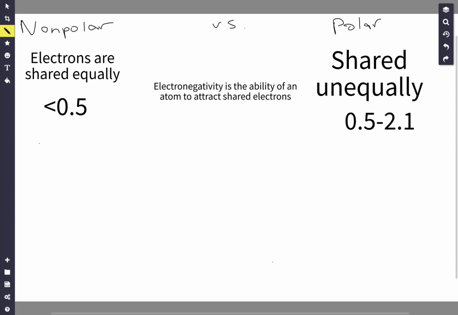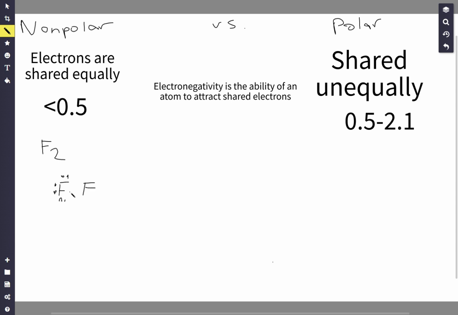First, I'll give an example of a nonpolar covalent bond, F2. F2 is composed of two fluorine atoms, and since both atoms are the element fluorine, both have the same electronegativity, and therefore the bond is nonpolar. So let's say these are the two fluorine atoms, and these are their electrons.